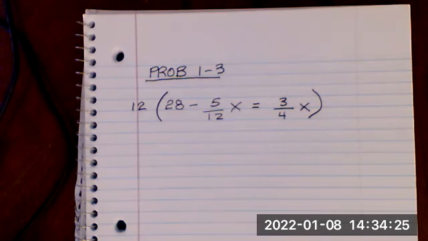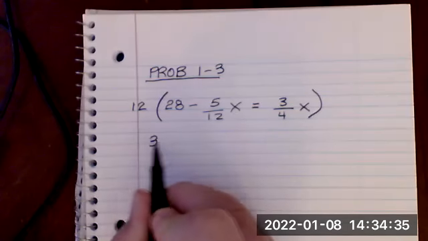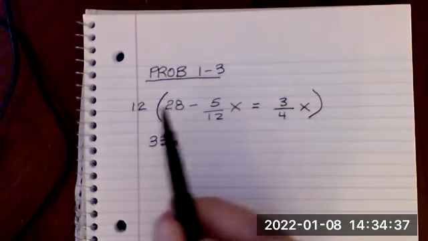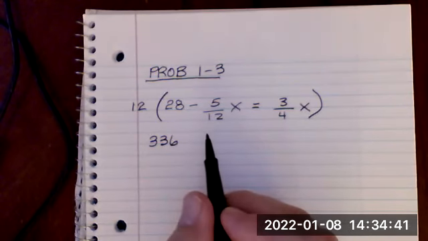Anyway, it looks like my calculator's, oh, there it is. It's like it was hiding. So we got 12 times 28, and that's equal to 336. And then 12 is going to cancel out here.